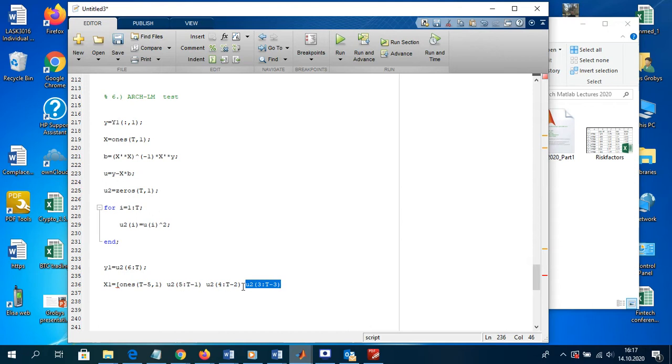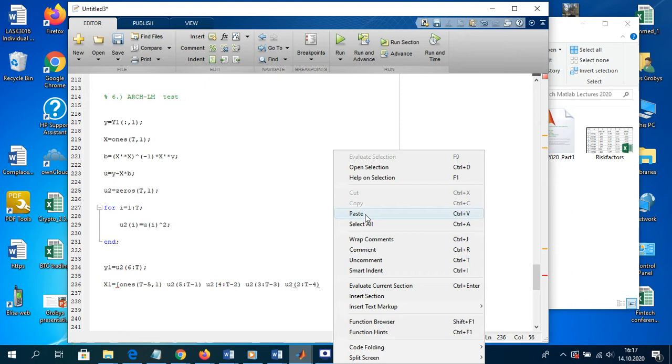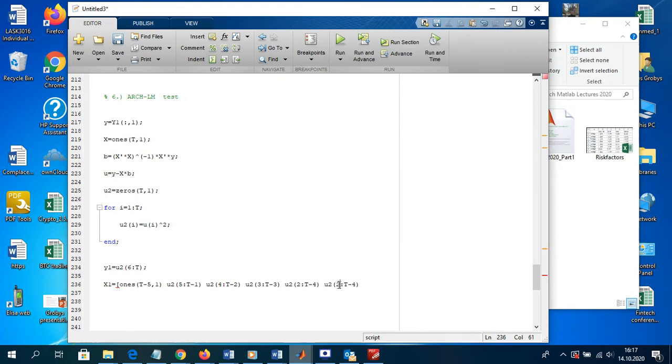Now we have 1, 2, 3 lags. The next one would be from observation 2 in this vector until T minus 4. And finally, we would have the last regressor, which is the fifth one here, which goes from 1 until T minus 5. You remember this erratum that we had in detail on the whiteboard, where I derived this. So that's our regressor matrix for the auxiliary regression.